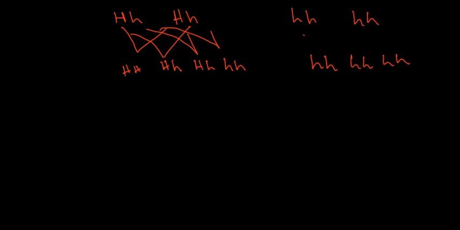Okay, so what you notice here, you have a dominant and a recessive, you have 2 or 4, and this question was asking us to actually cross this and this.